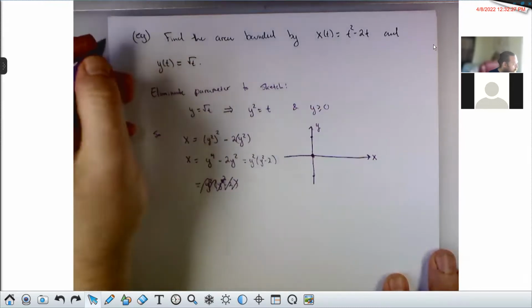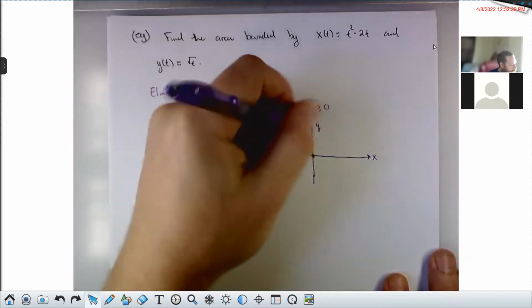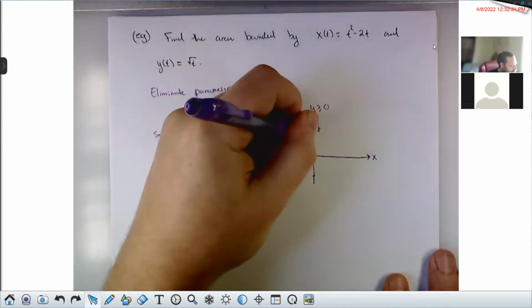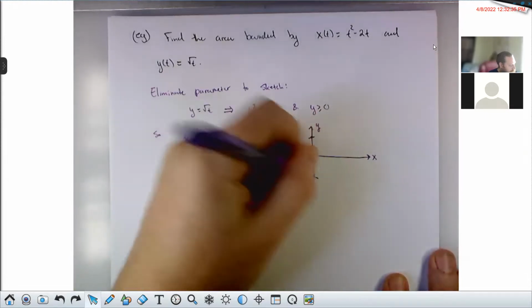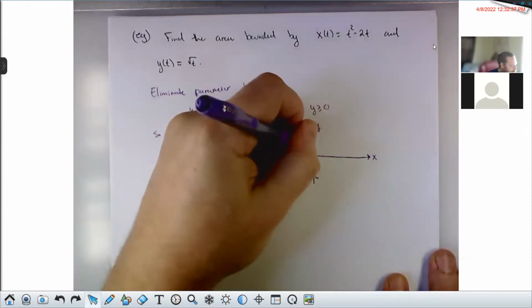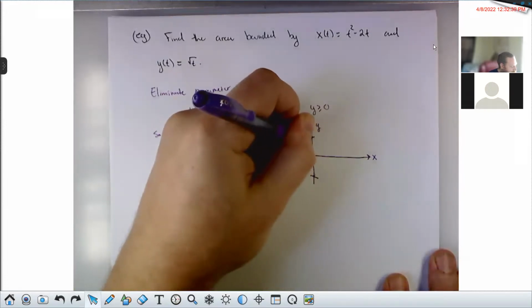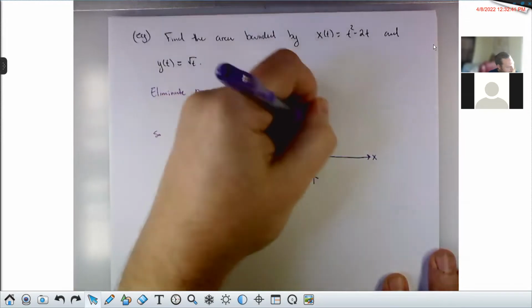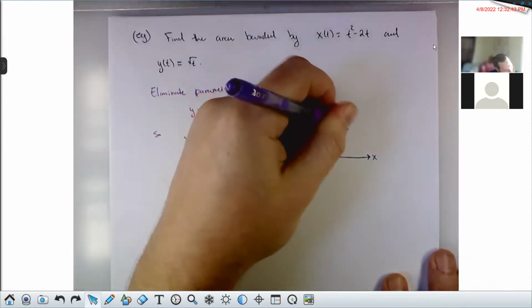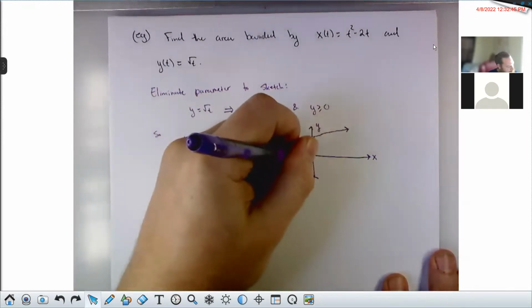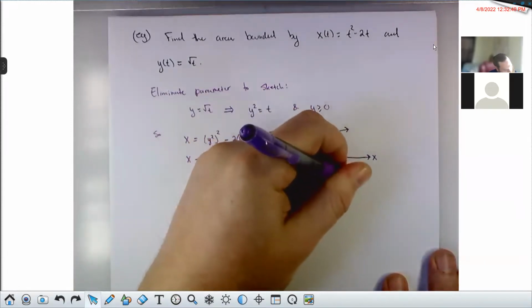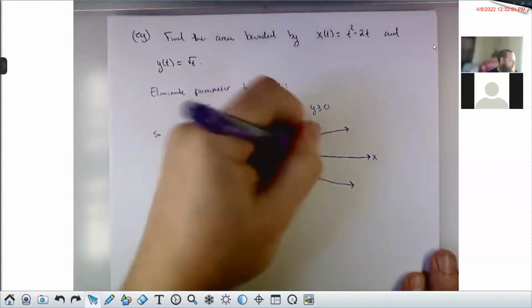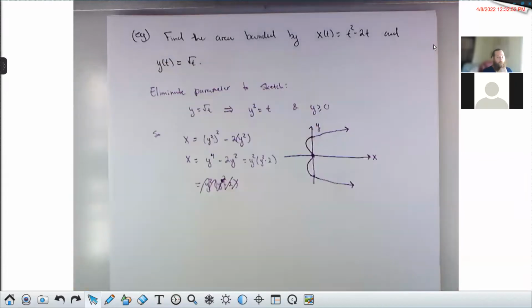And as y increases, x increases. So this is going to look something like cross here, bounce here. The same sort of thing on this side. And we only want the portion of this where y is positive.